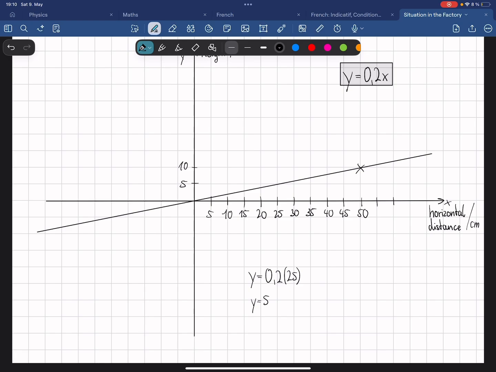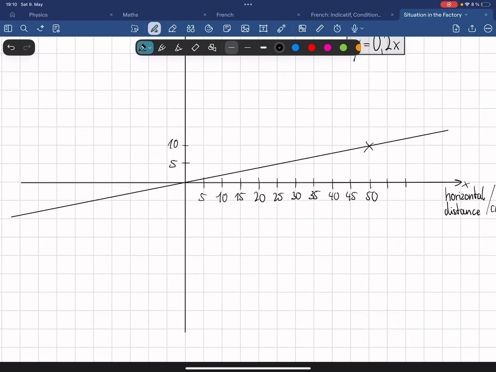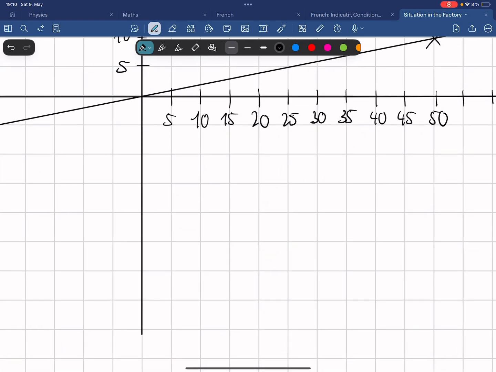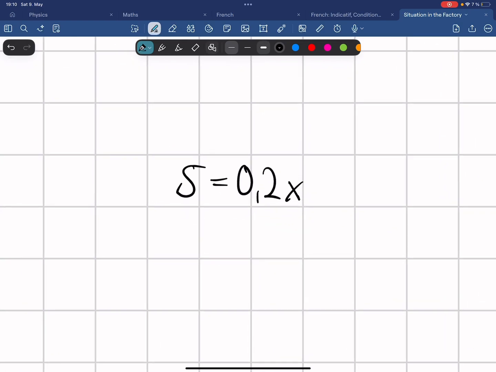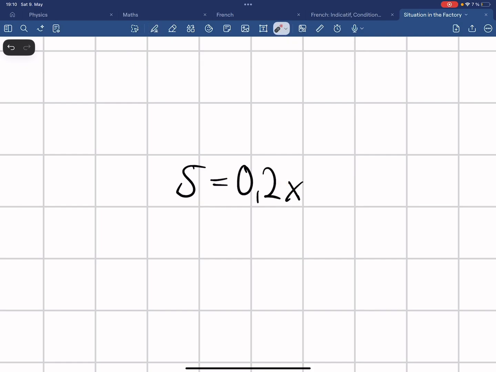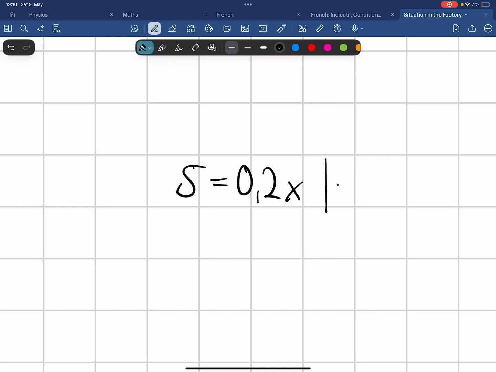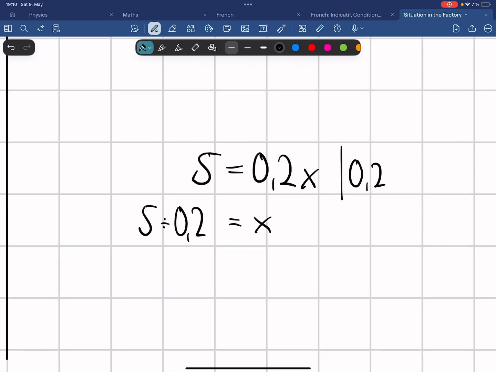And we can also do that the other way around. For example, if we use 5 for y, if we do 5 equals 0.2x, we now want to get x, so we would want to have 25 as our answer. Now, because it's 0.2 times, there's an invisible times sign here. We have to now do it divided by 0.2. So on this side, 5 divided by 0.2 equals x.